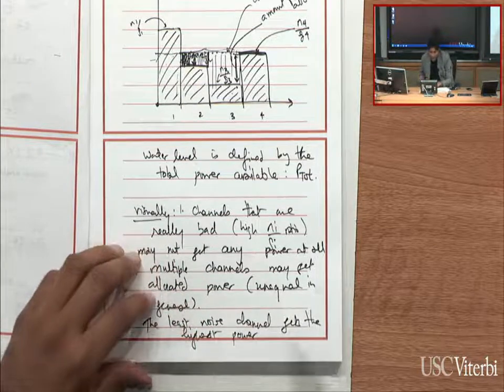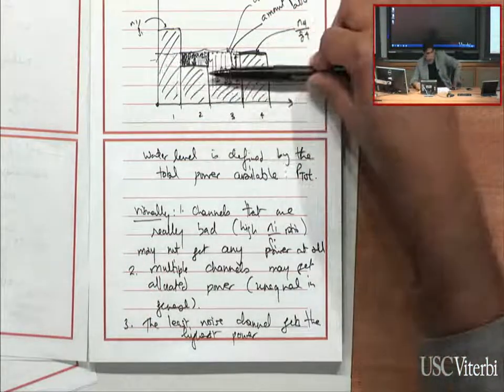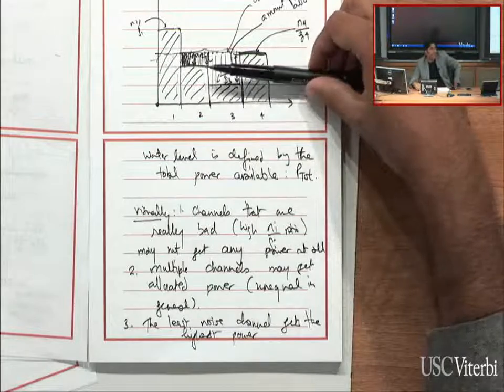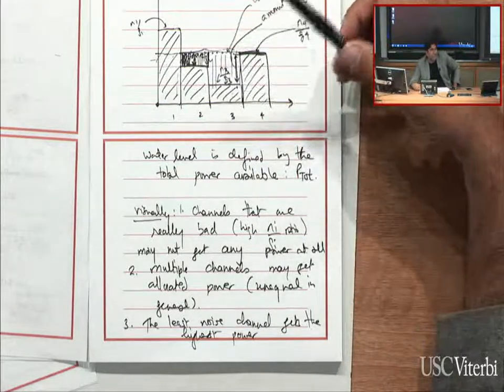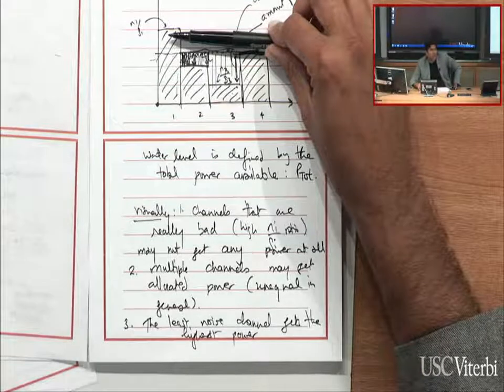And if your total power increases, so let's say I have a certain total power budget, and that's all I could do. Imagine if for whatever reason I have double the power available to me now. Now I have more power to allocate. Then I can raise this water level further, right?